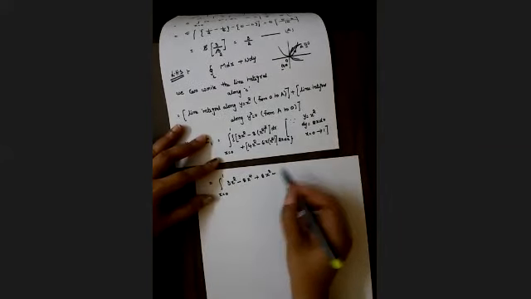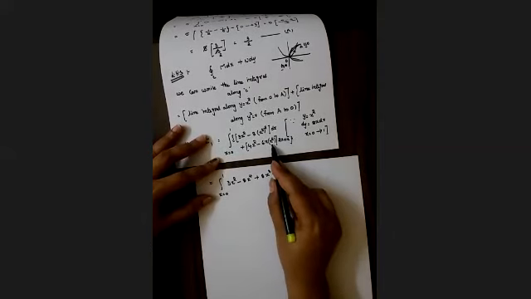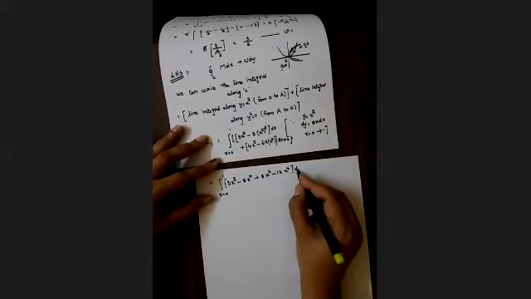Minus 6 times 2 is 12, x into x² is x³, into x is x⁴, of dx. Now simplify this.